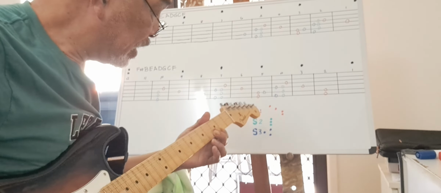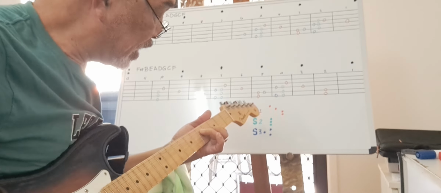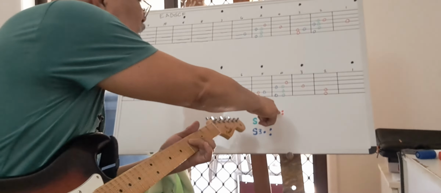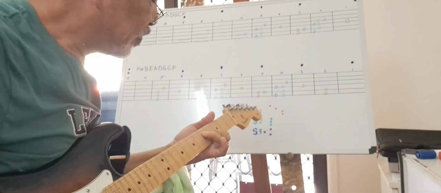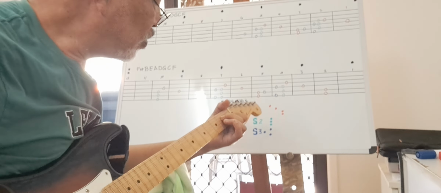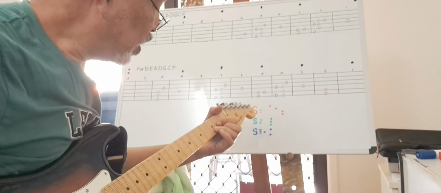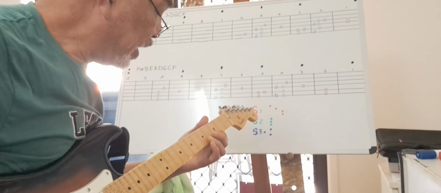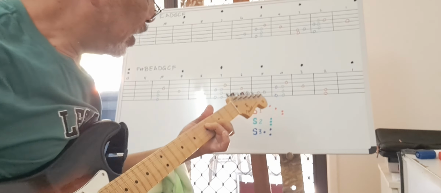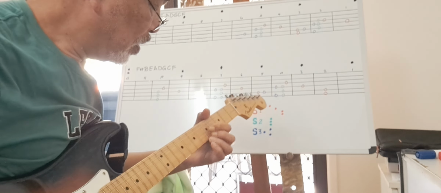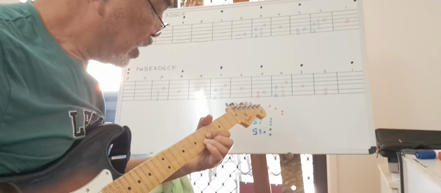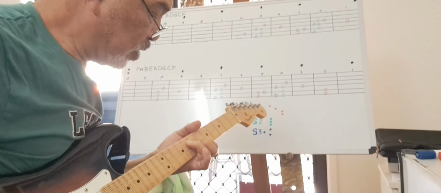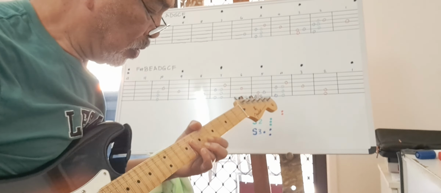That's like that, and then like that, and then like that. So shape 1, 2, 3, and then back, shape 1, 2, 3, and then back to shape 1, shape 2, shape 3.